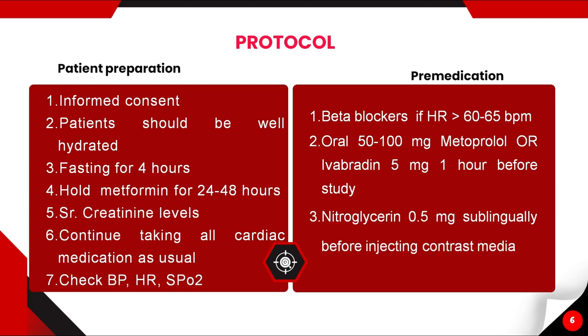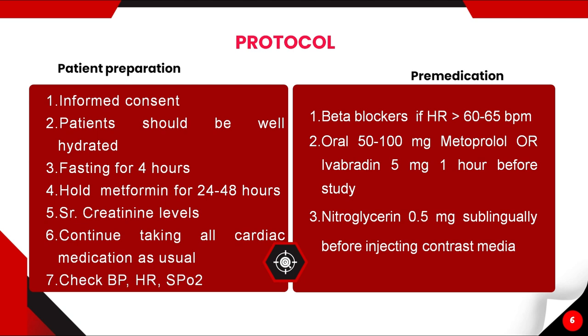The patient's blood pressure, heart rate and saturation should be checked before the procedure. The patient should be pre-medicated with beta blockers if the heart rate is more than 60 to 65 beats per minute.